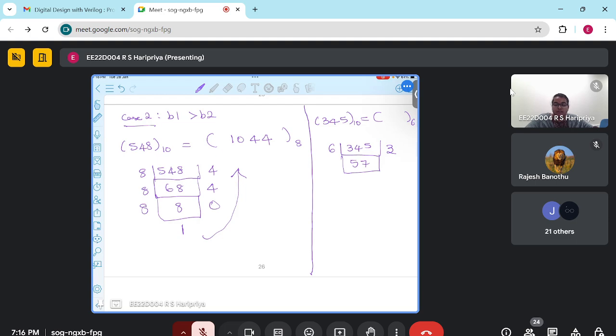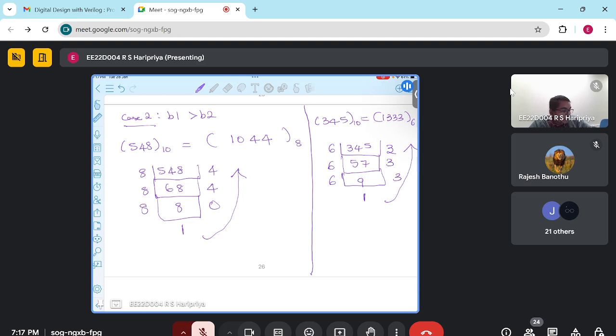Correct? Then next, if we divide 9 by 6, 54, again remainder 3. 6 times 1 is 6, remainder 3. So it is 1, 3, 3, 3.